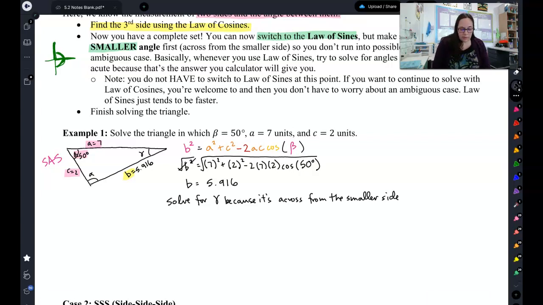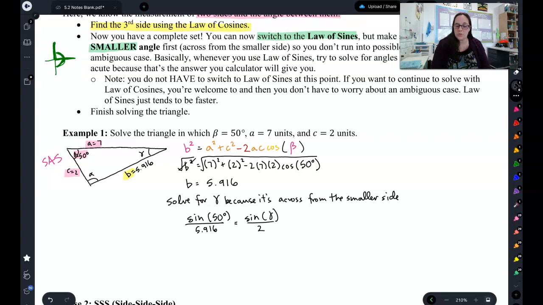So let's use our complete pair and law of sines. So sine of 50 over 5.916 equals sine of gamma over C, which is 2.